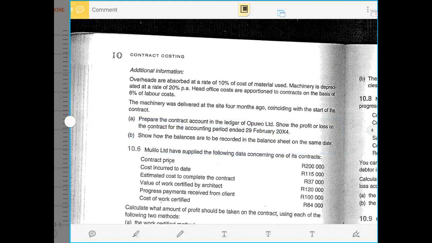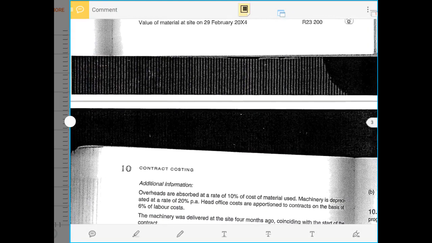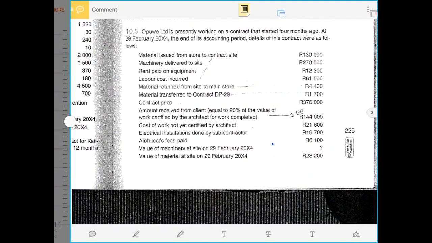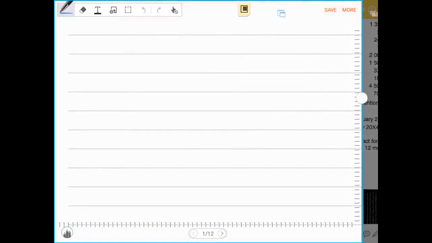So now we know that we are required to do the ledger account. So now let us start with the ledger account before we read any entries. The ledger account is the ledger account for the contract account. Then we say contract account.